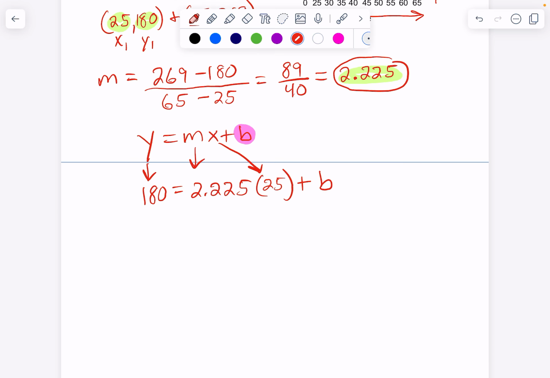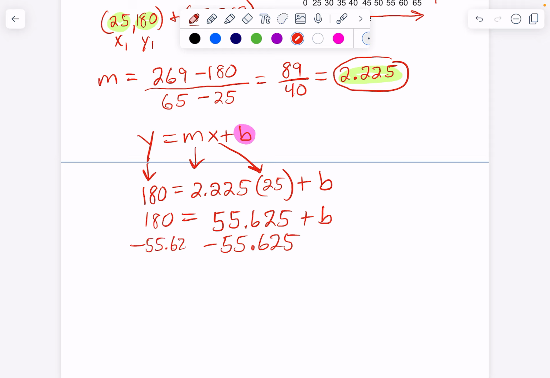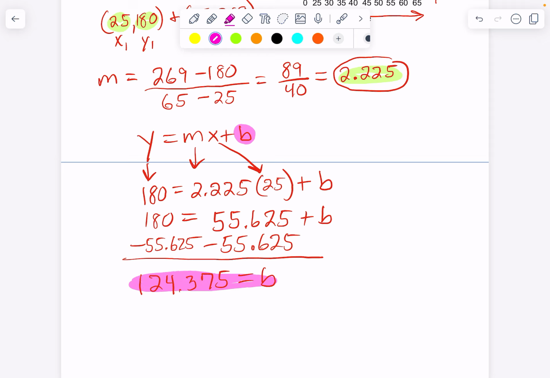So 2.225 times 25 equals 55.625 plus b, and that's equal to 180. I'm going to solve for b by subtracting 55.625 from both sides. And that is going to give me a b of 180 minus 55.625 equals 124.375. That's my b.